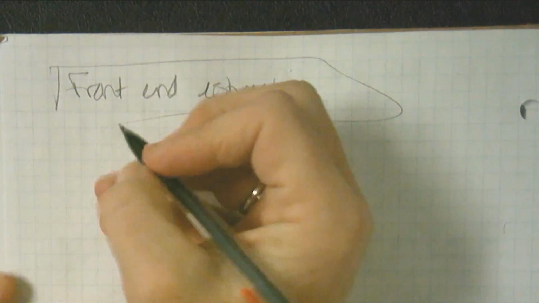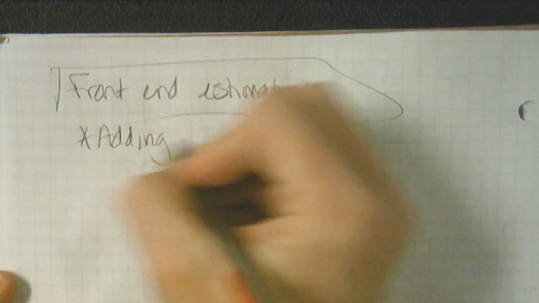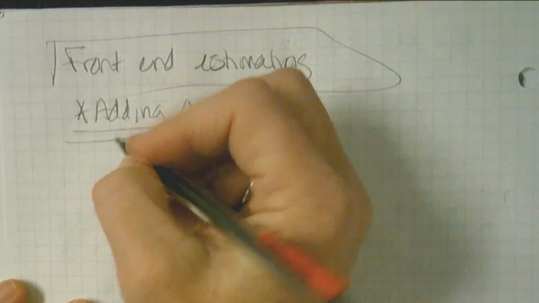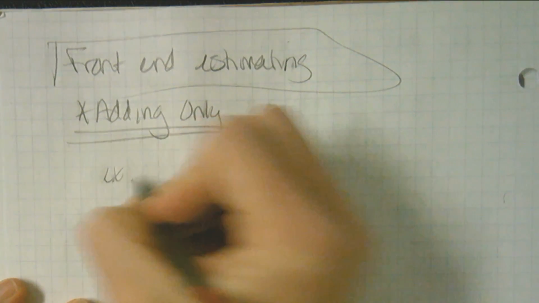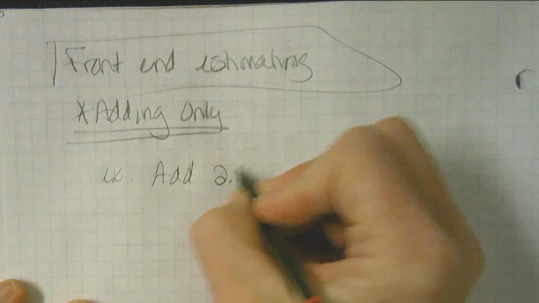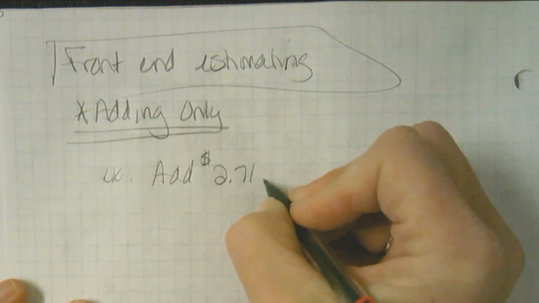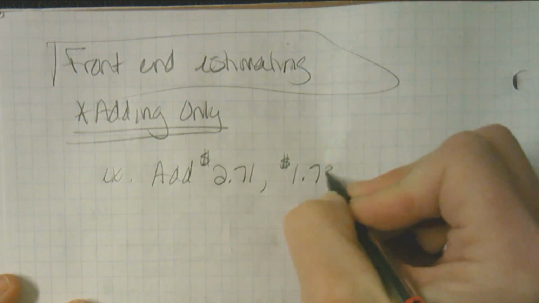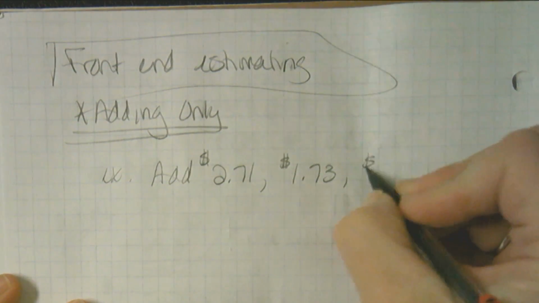So let's say that I want to add, first of all, it's for adding only. It's not for subtracting. It's for adding only, all right, which makes it easier. Let's say that I want to add $2.71. Remember, your dollar sign goes before your number. $1.73 and $1.10.